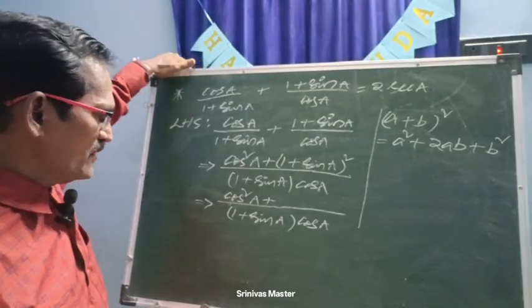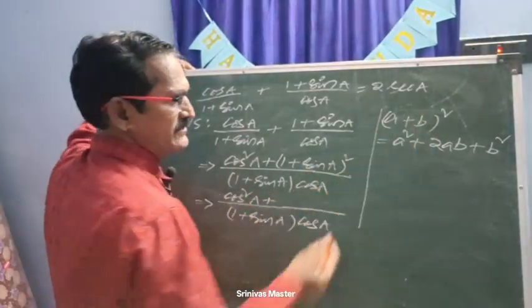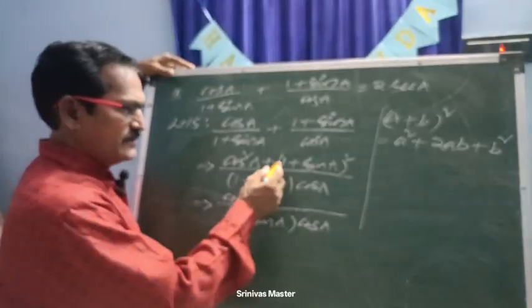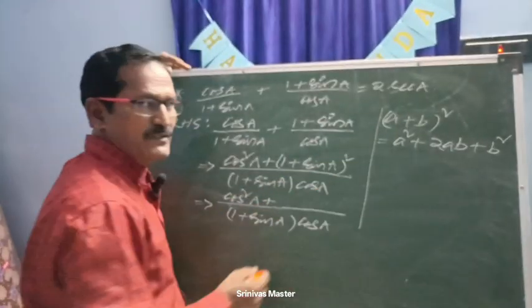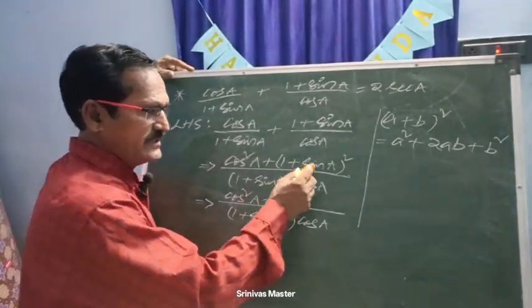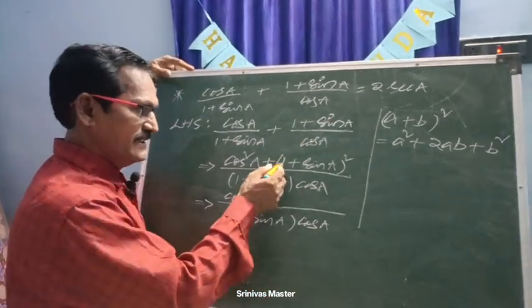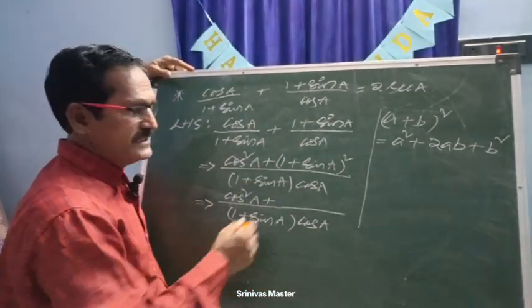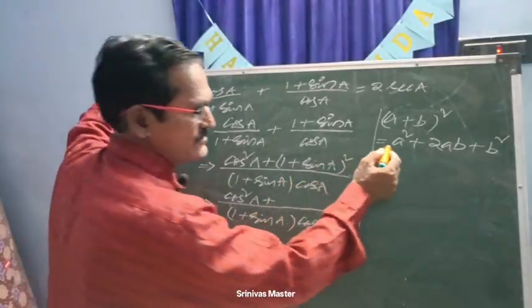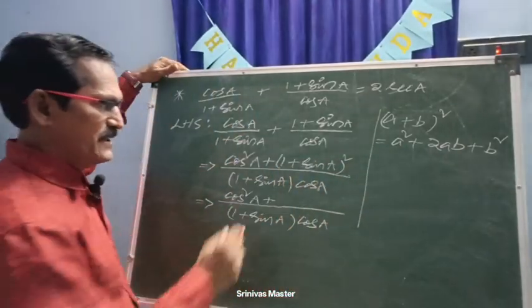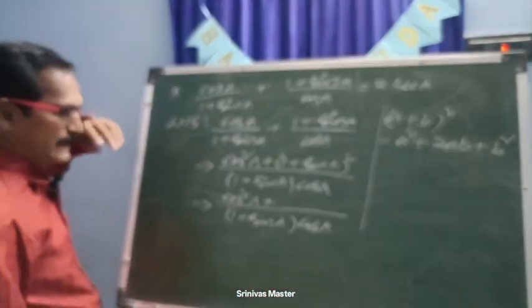That is our wish. So this one you can compare with (A plus B) whole square. By comparison, what is the place of A? 1. What is the place of B? Sin A. Then you can write A place is 1 and B place is sin A.